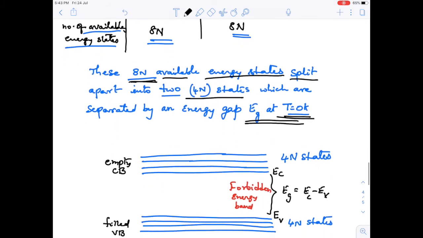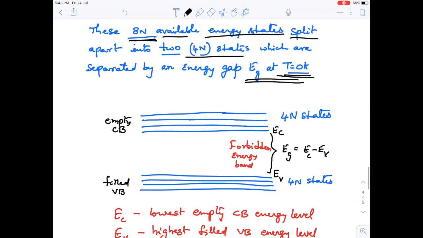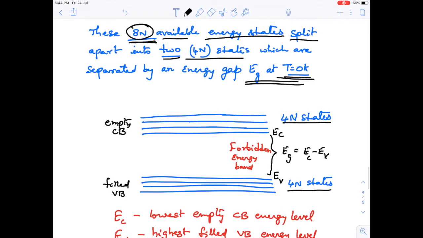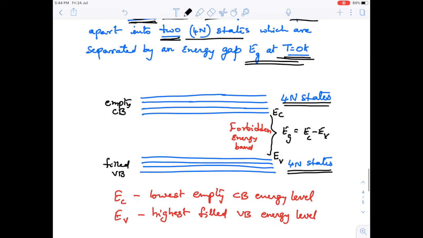Now let us see that structure. These are the filled valence band energy levels, 4N states. These are the empty conduction band energy levels, 4N states. That means the available 8N energy states are split into 2 sets of 4N states: 4N states here and 4N states here, the filled valence band, and the gap between them.